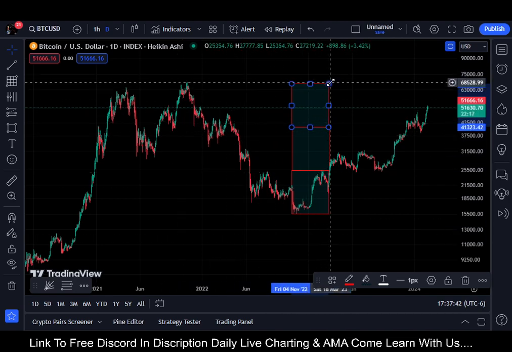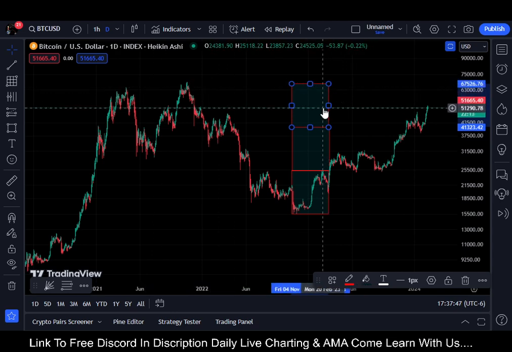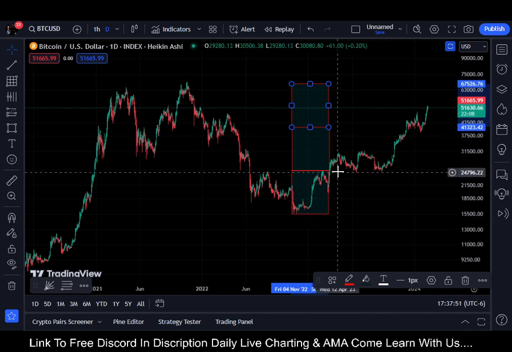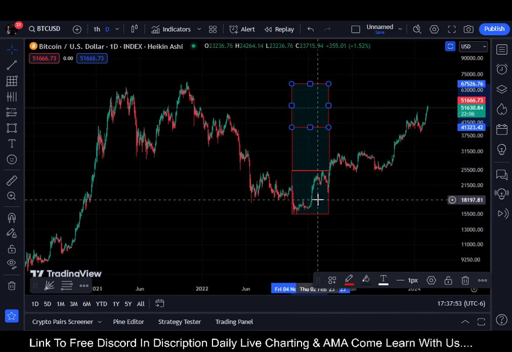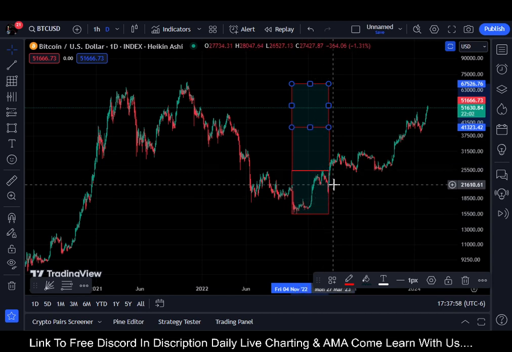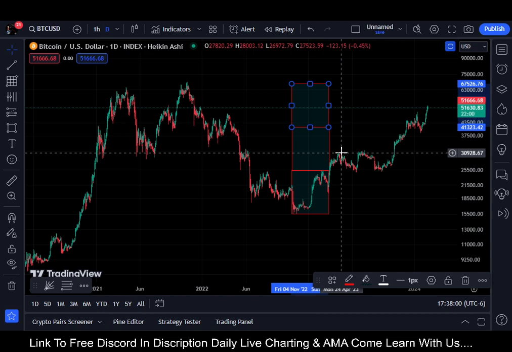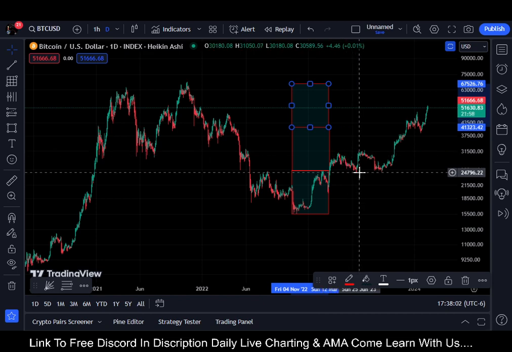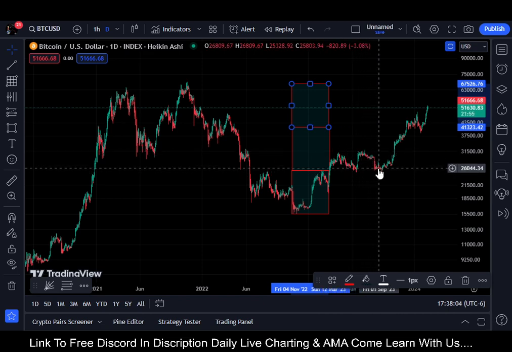You know, boom, 50% of this range, price tends to break it. So it came up halfway into the range, came back to a quarter, came up to the top of the range, pulled back to the middle, went halfway into the range above, retested the bottom. Well, kind of did it twice.